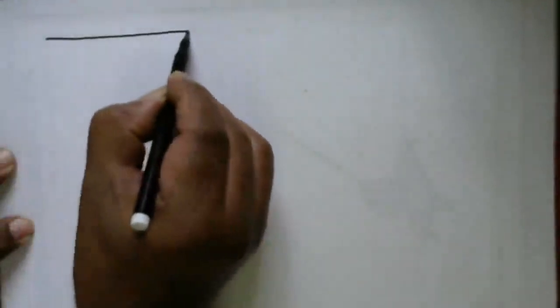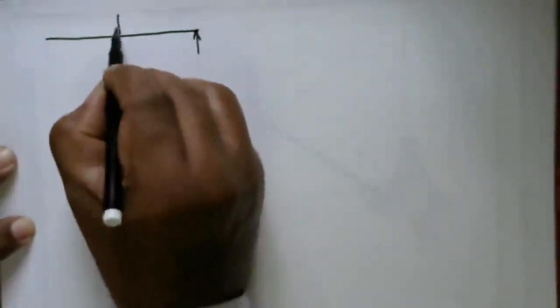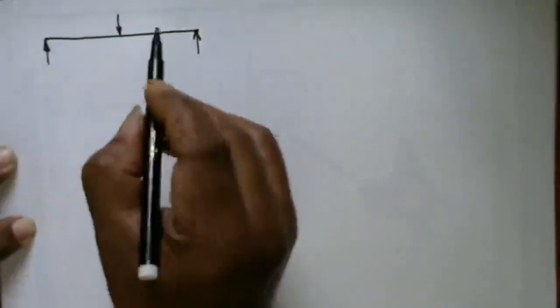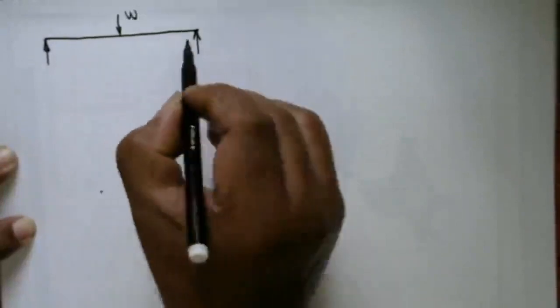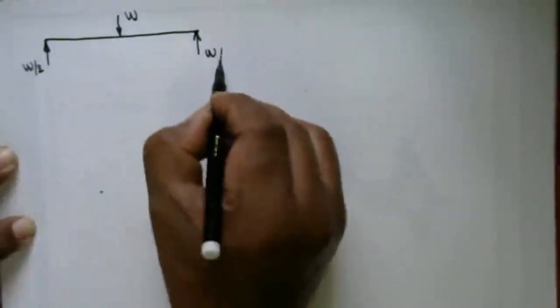Now let's see what is meant by ordinary bending and pure bending. For ordinary bending, we just consider a simply supported beam in which transverse loading acts. In that case, shear force and bending moment act on it.